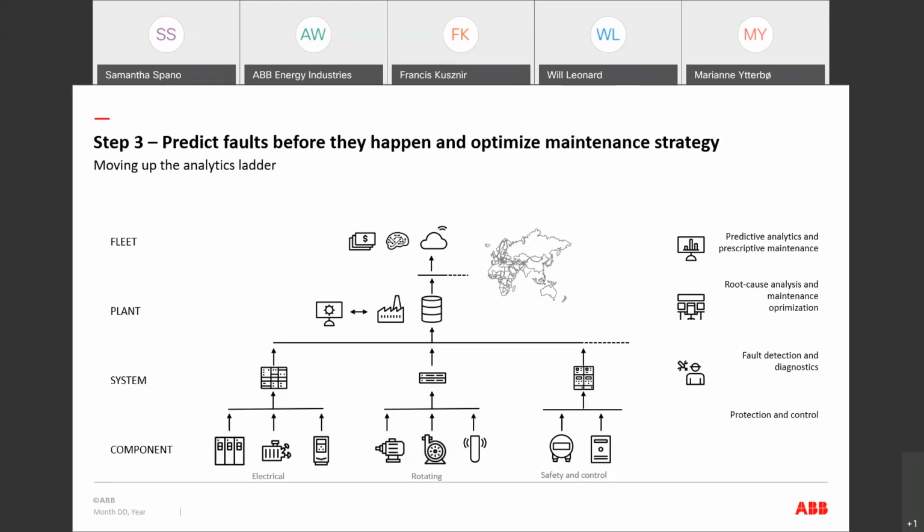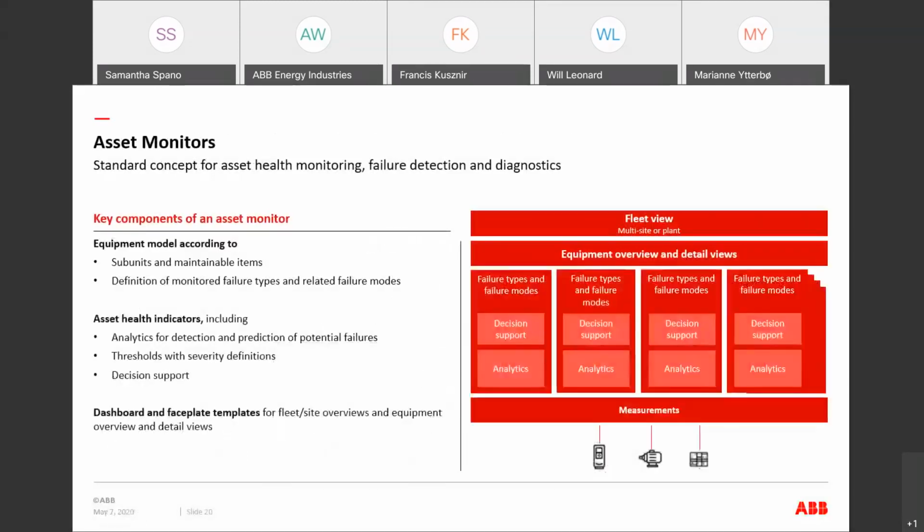And then fleet level data can also be used to build out predictive analytics and to compare different maintenance routines across different plants. So how ABB builds out our condition monitoring system, we base them on something we call asset monitors. Let's have a look at that in the next slide.